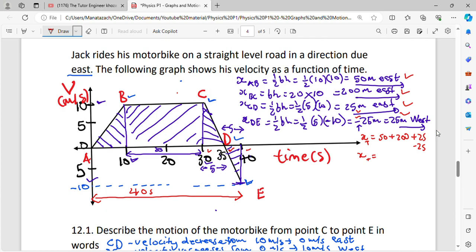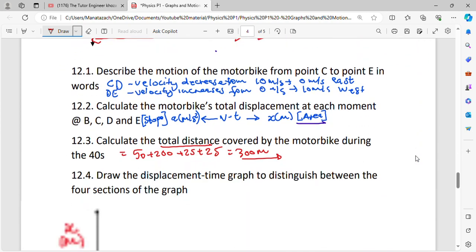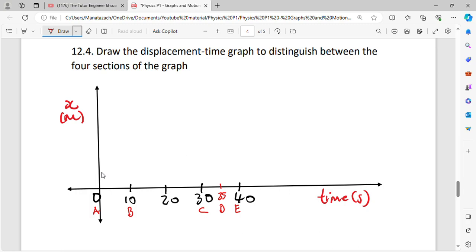So 25 and 25 will cancel each other, so we'll have 250 meters. So to account for that 250 meters, let's count everything in 50. So this will be 100, 150, 200, 250. Probably going to continue a little to 300.